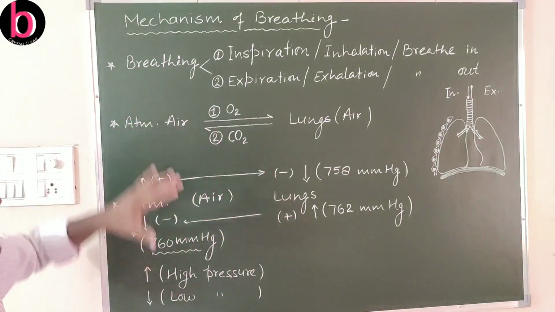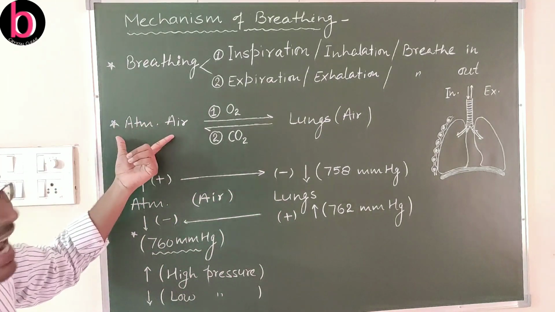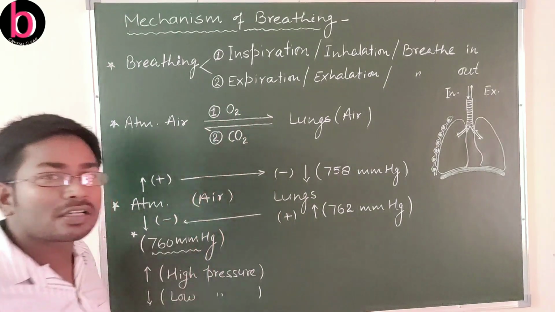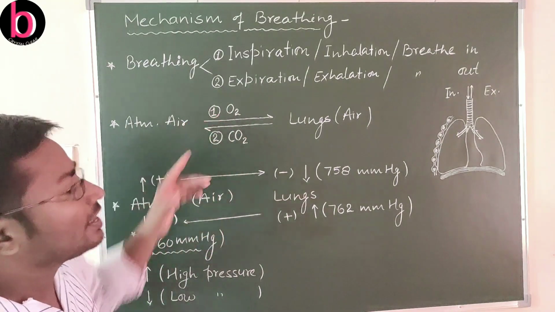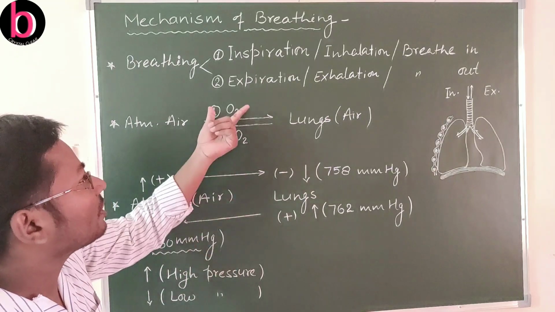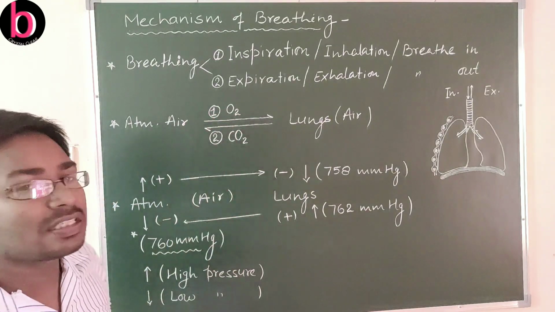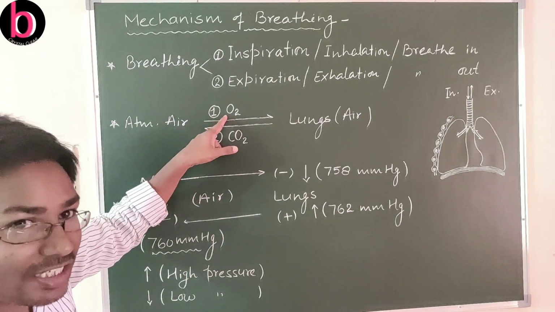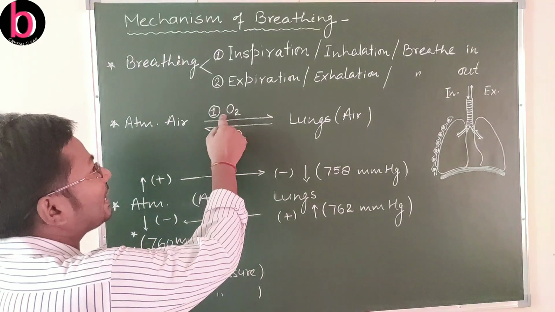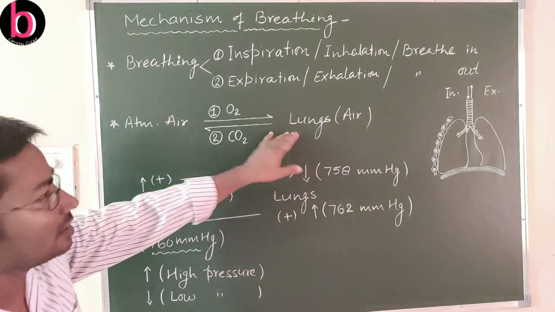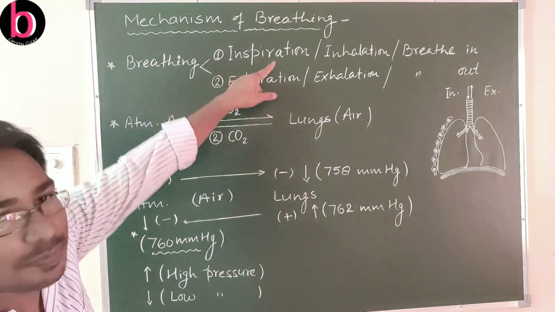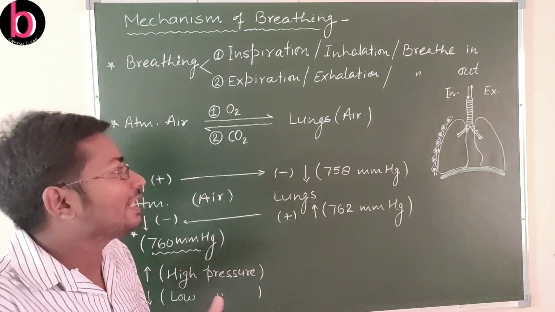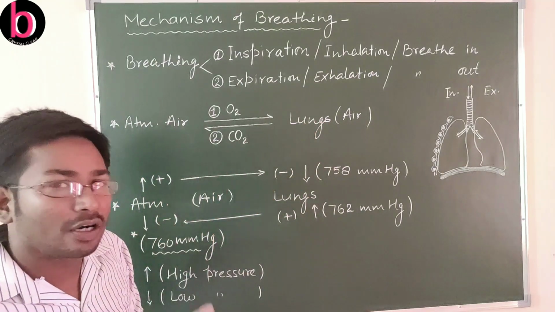So what is actually occurring here in breathing? This is atmospheric air. This atmospheric air is oxygen enriched. If we discuss the percentage of oxygen in air, this is nearly 21%. So atmospheric air is highly enriched with oxygen. This air is taken inside the lungs. Here this is for inspiration, while lungs air is highly enriched with carbon dioxide.